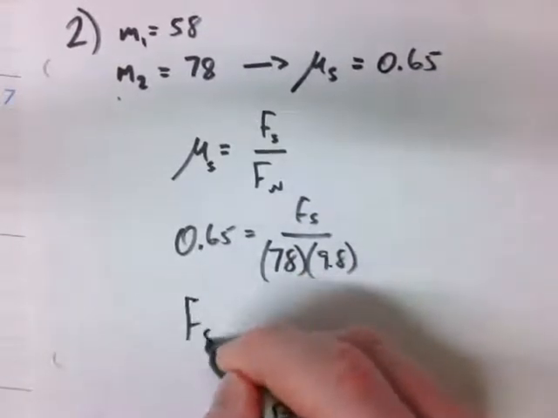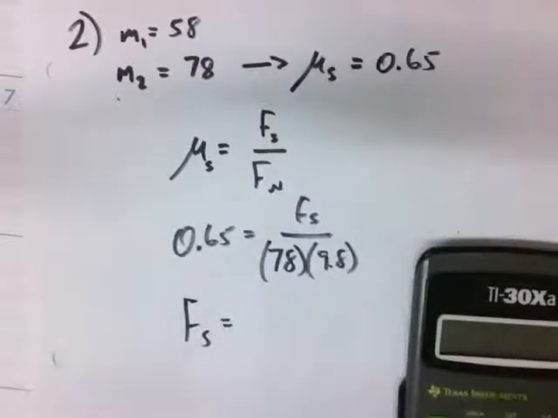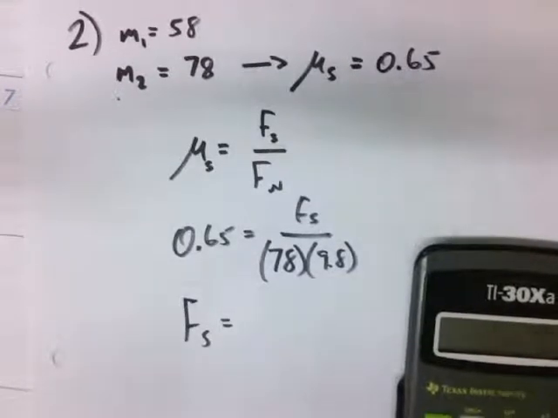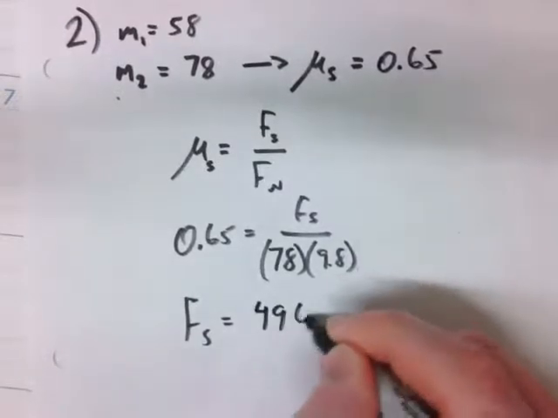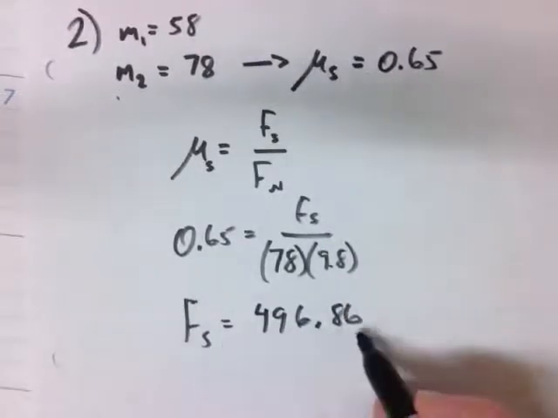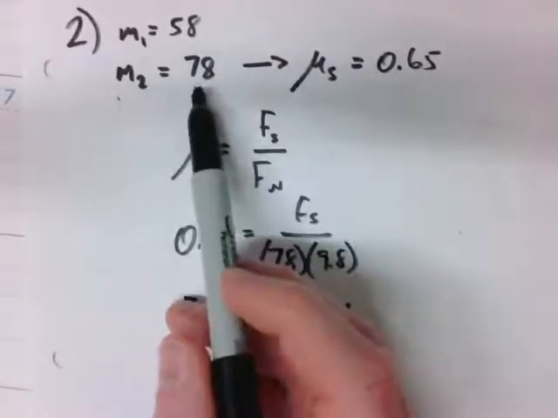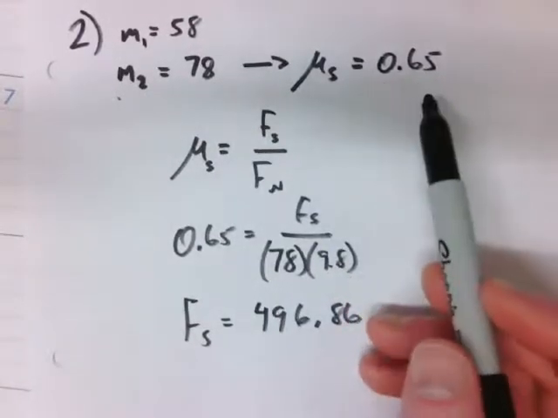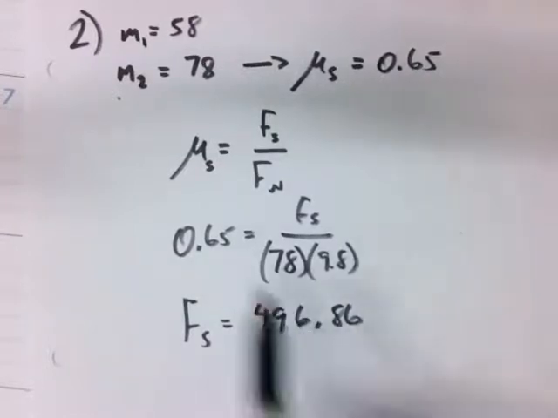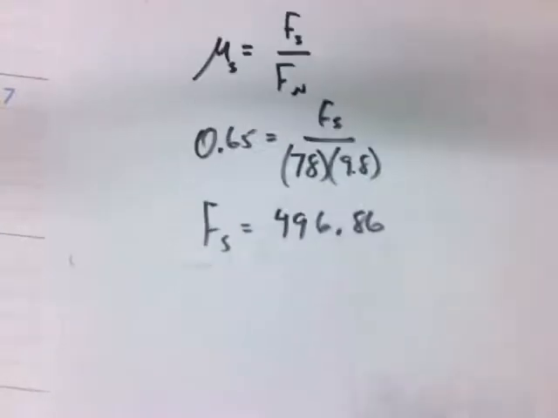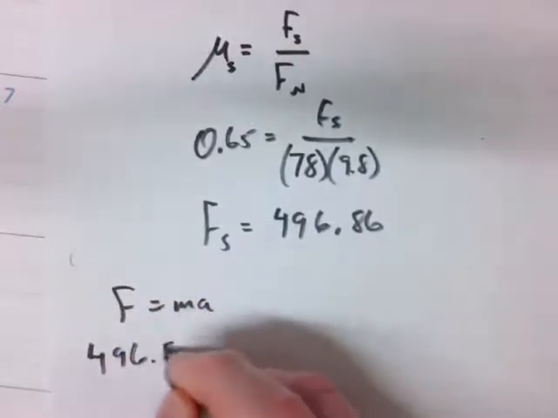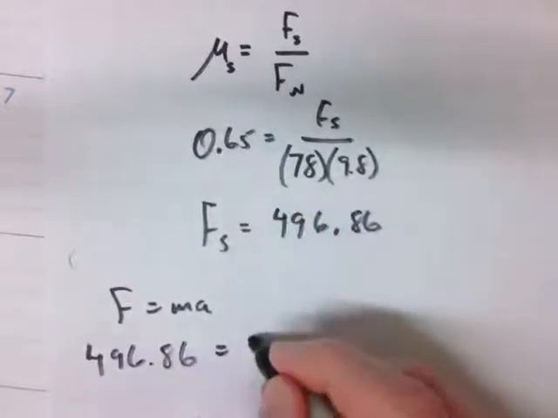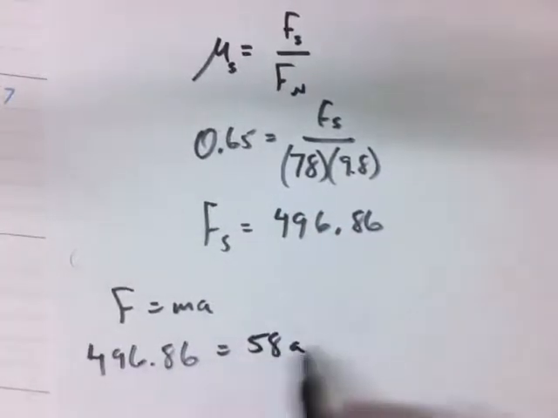So Fs equals 0.65 times 78 times 9.8, which is 496.86. This is the maximum amount of force that the 78 kilo person can pull without slipping. Now we apply this force to the other mass. F equals ma. 496.86 equals the mass of person number 1, 58, times acceleration. Divide both sides by 58.